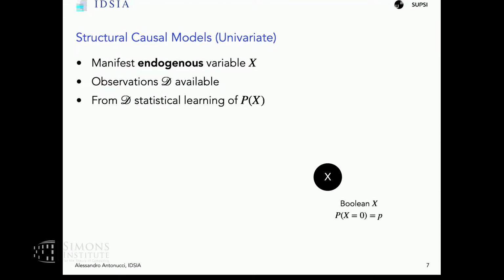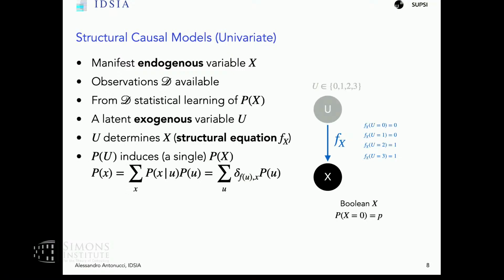So we do some statistical learning, and we learn a distribution over the endogenous variable. But we assume that this variable has been determined by a latent variable. We call this variable exogenous. And there is a structural equation determining the state of the endogenous variable from the exogenous one.